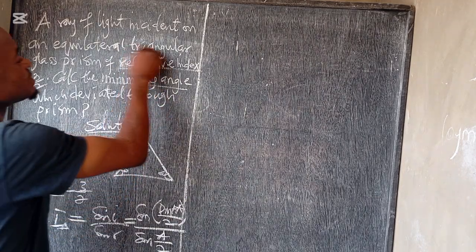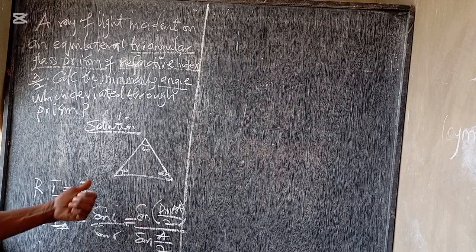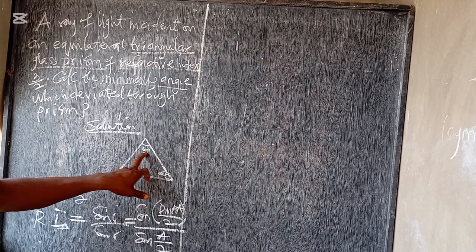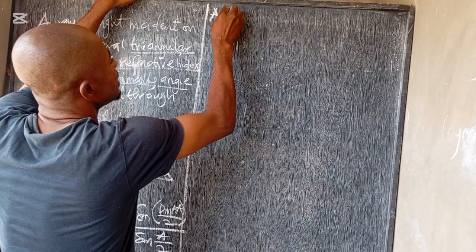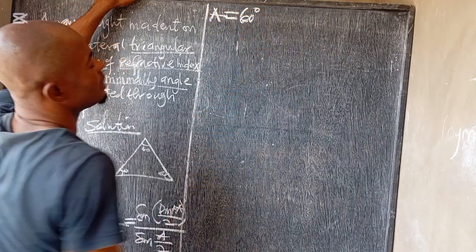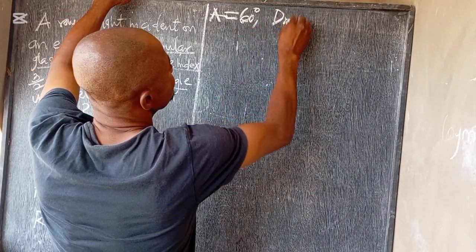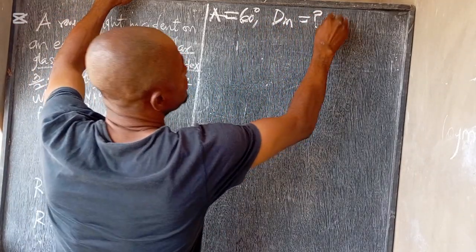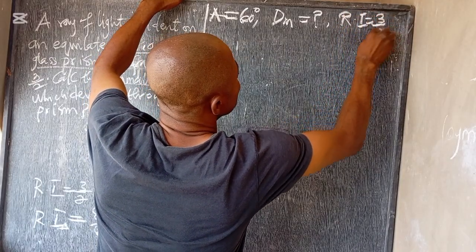Any moment you are using a triangular prism for this experiment, the refracting angle A will be 60 degrees. There is going to be one of the equilateral angles. A is 60, and they have given us the refractive index to be equal to 3/2.